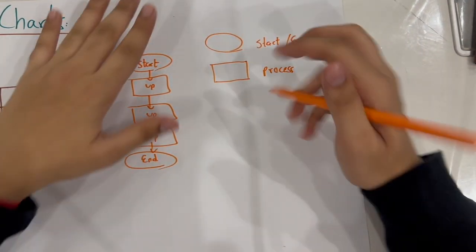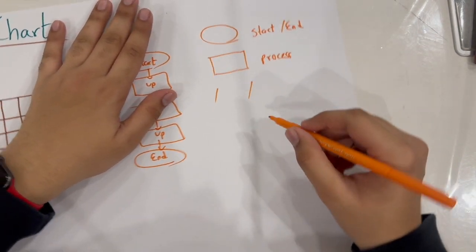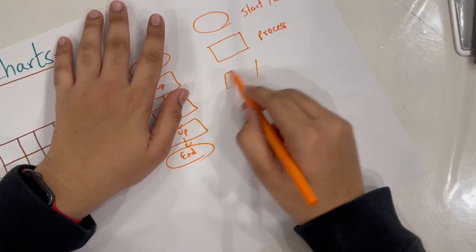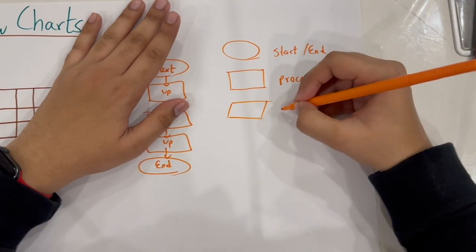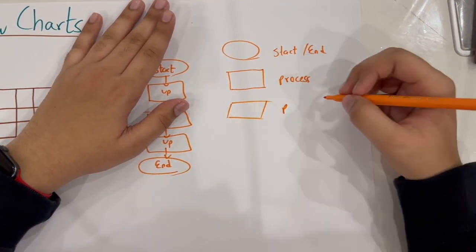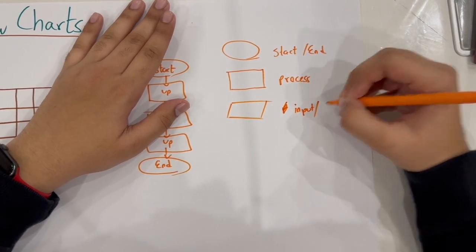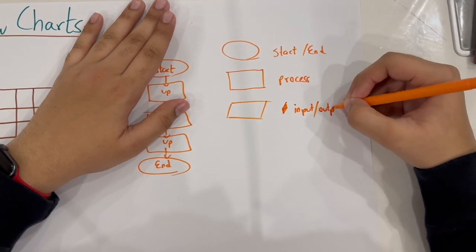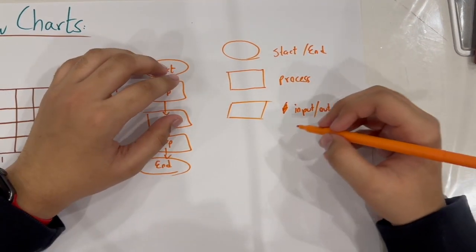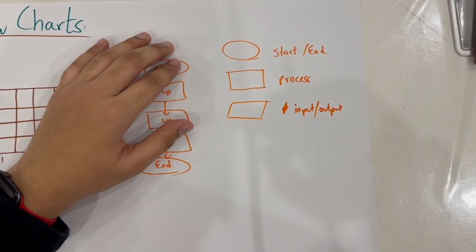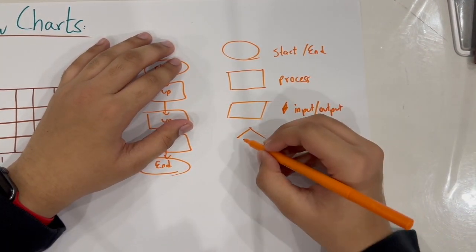Then there's another one, which will be used in the next lecture. This is called a parallelogram, and it's used for input and output data. We're going to explain this to you in the next lecture. Then we also have something called the diamond. It looks something like this.